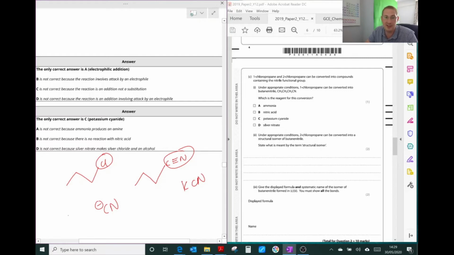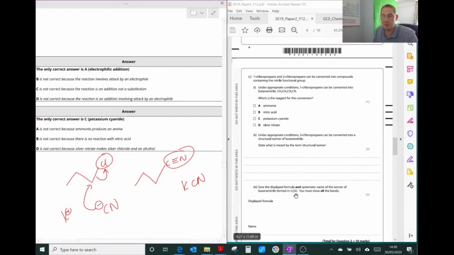Carbon is negative in the cyanide ion, that will attack in, kick out the chlorine in probably an SN2 reaction, if I remember my A-level and undergraduate chemistry. So we'll swap the chlorine group for a cyanide group.